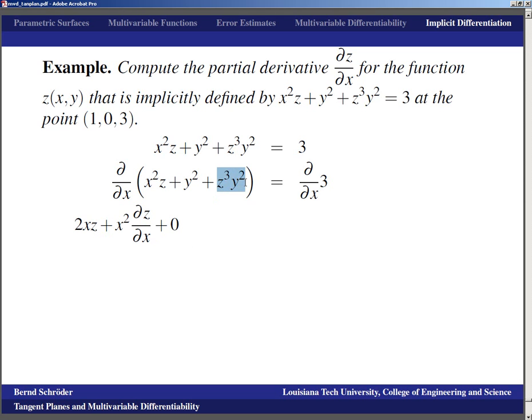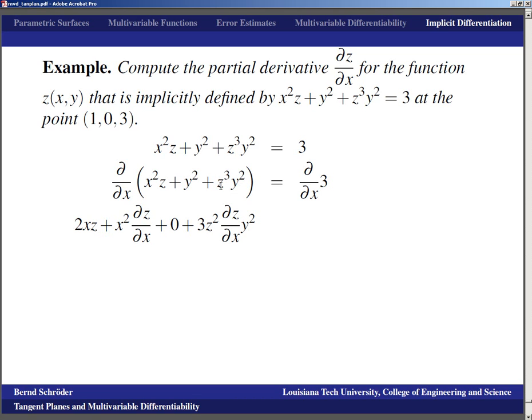And then we get a product, but y squared is a constant with respect to x, so this is really just the derivative of z cubed times y squared. The derivative of z cubed has to be taken with a chain rule because z is a function of x and y, so in particular it has a partial derivative with respect to x.